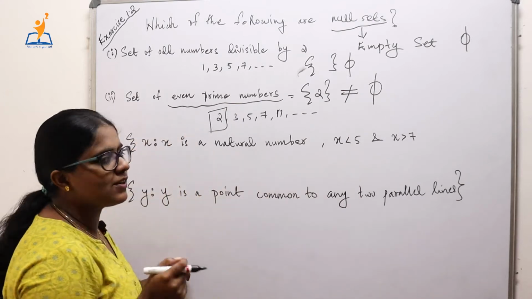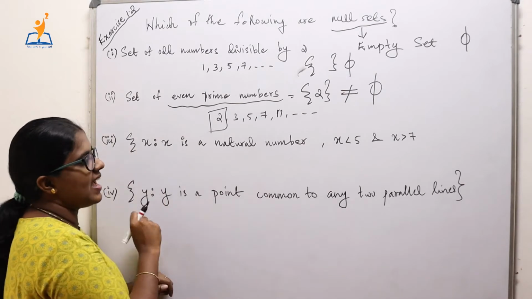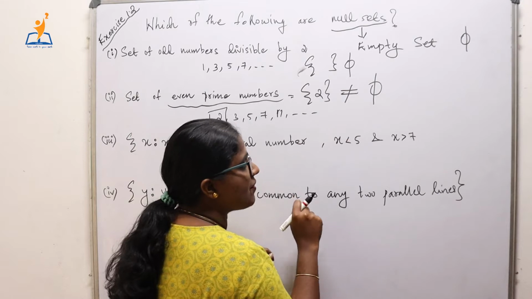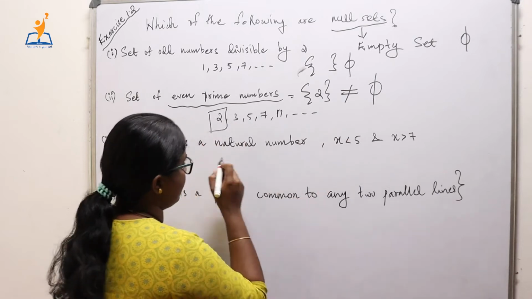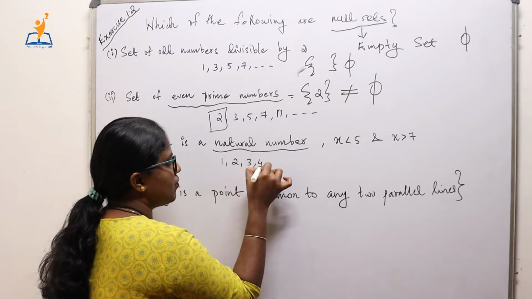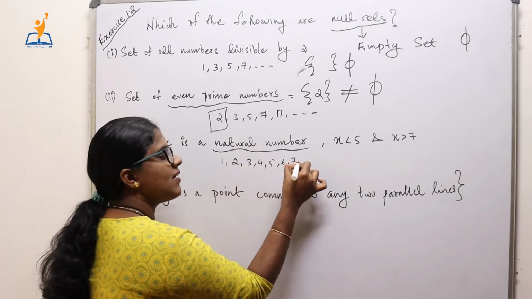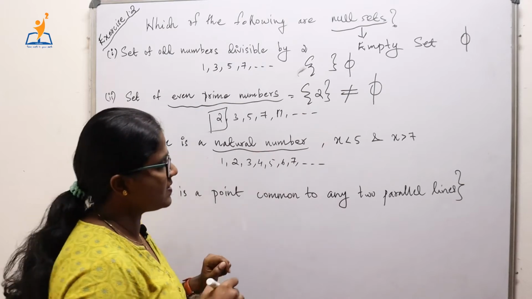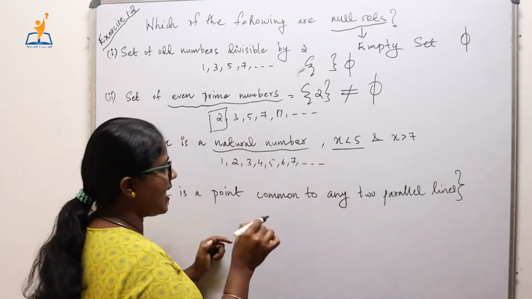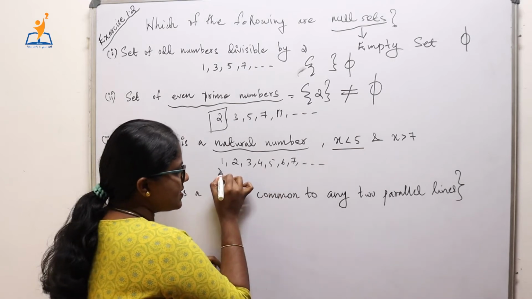Now moving to the third question: set of all x such that x is a natural number and x is less than 5 and x is greater than 7. We know what natural numbers are: 1, 2, 3, 4, 5, 6, 7. These are natural numbers. The next condition is x less than 5. So which are the numbers less than 5?